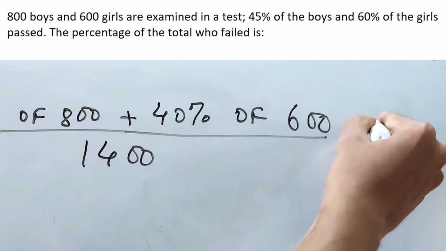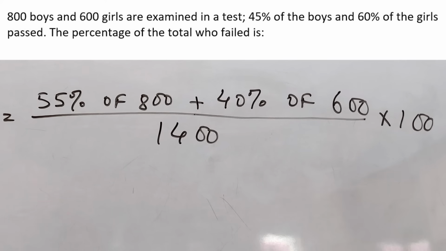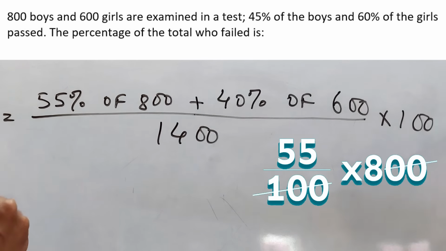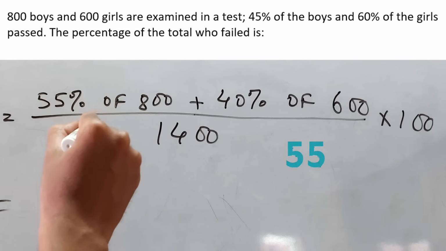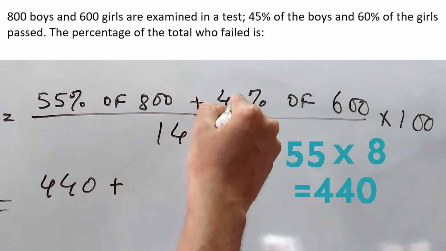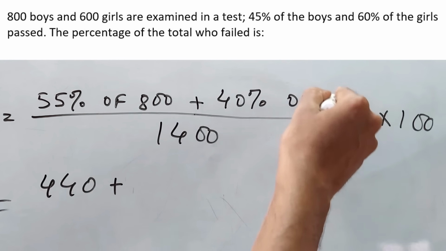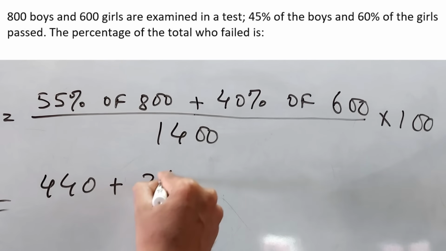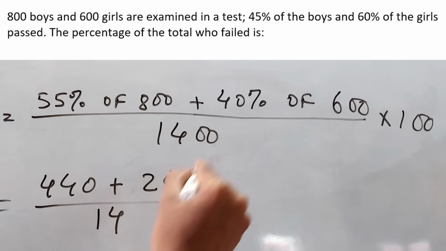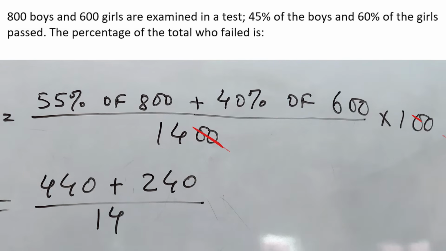1400 into 100. Right? Now 55 by 100 and 800, this 00 and 100 will be removed. So 55 into 8, that is 440 plus, now same way 100 and this 00 of 600 will be removed. So 6 into 40 is 240 divided by 14 because this 20 will be removed by this 100.